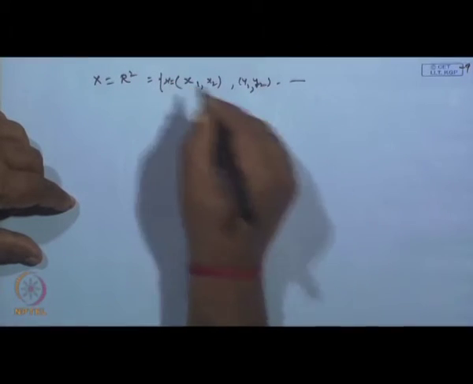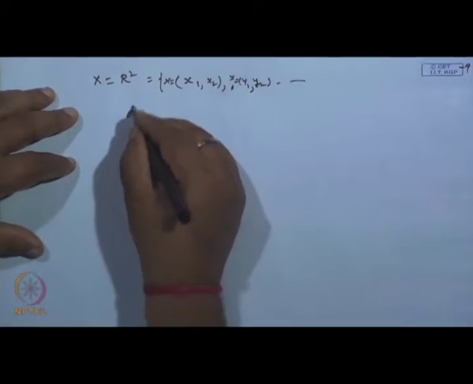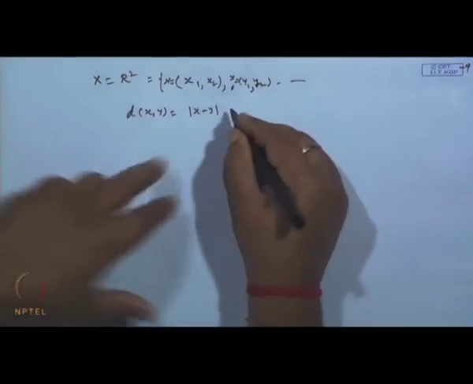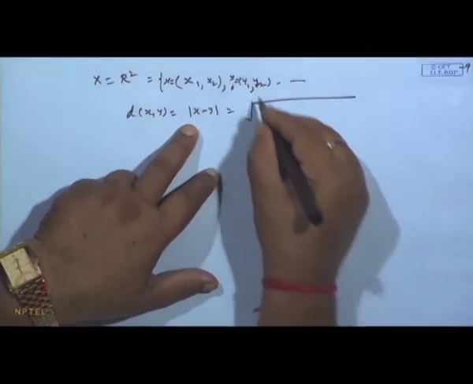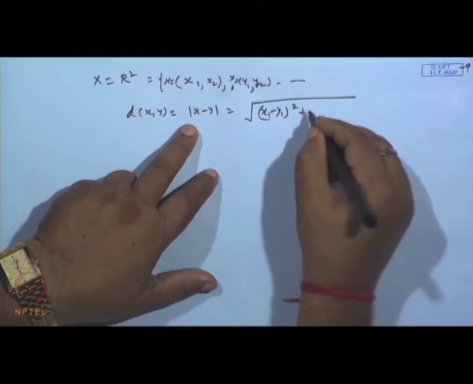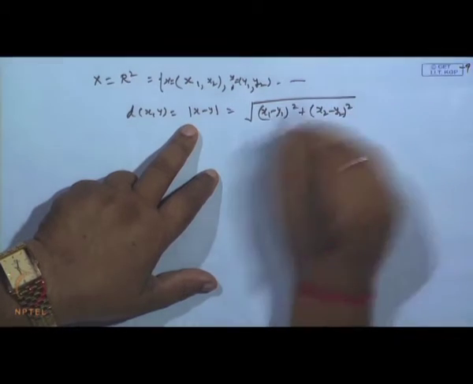Suppose this is one element, this is another element. Then d of x y is written as mod x minus y. I am writing it the same using the mod, but in the 2-dimensional case it means the square root of x1 minus y1 whole square plus x2 minus y2 whole square.